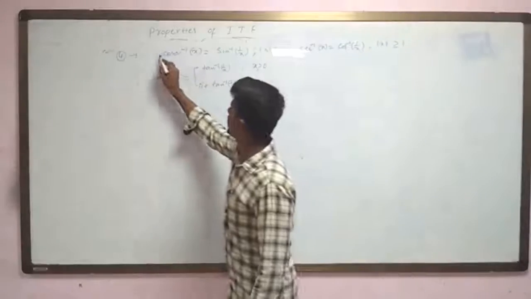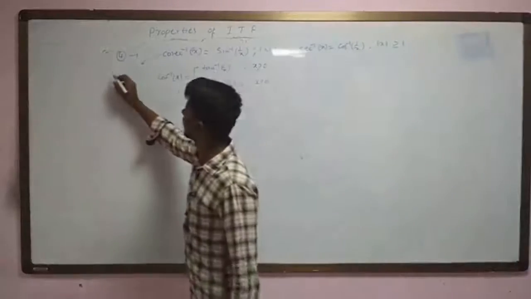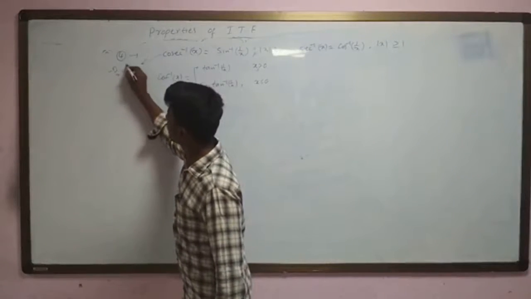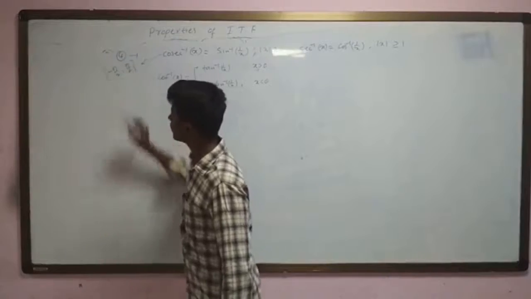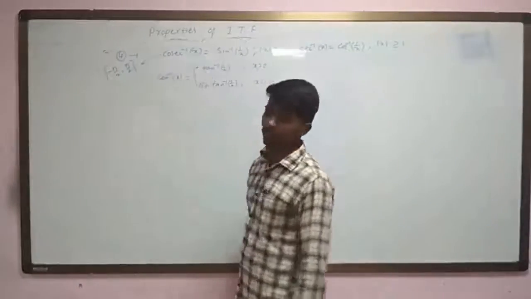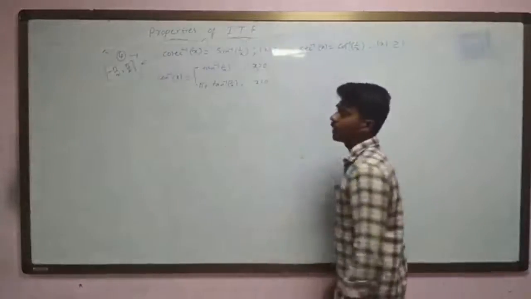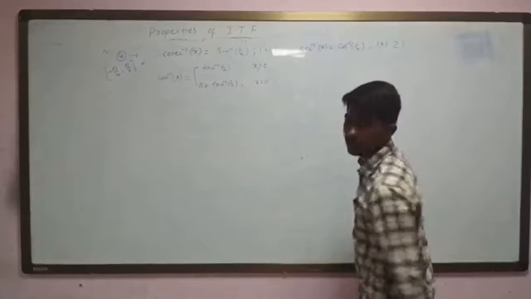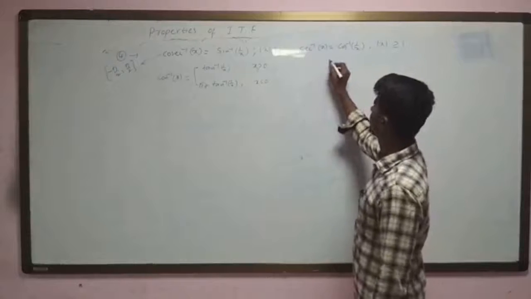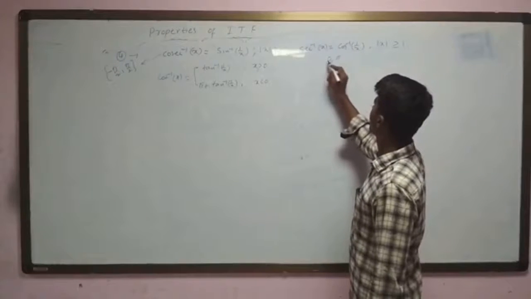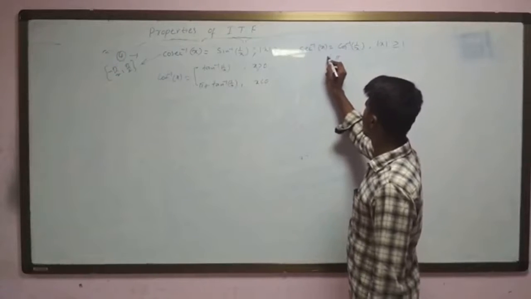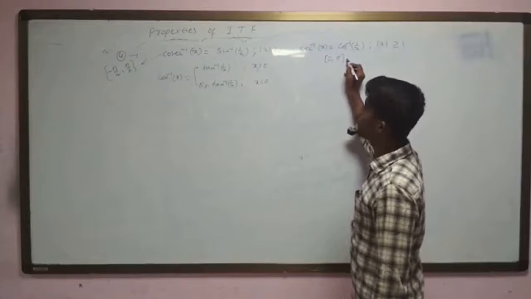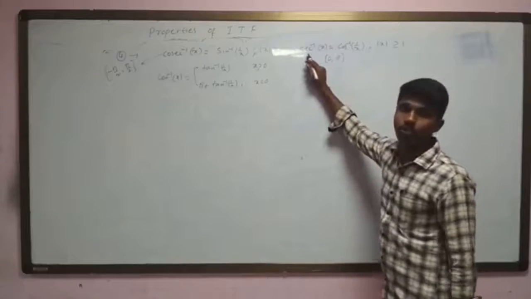See, cosecant inverse and sin inverse are defined in minus pi by 2 to pi by 2, whereas for cosecant inverse we don't have 0, so that one particular value is excluded in this interval. And secant inverse is defined between 0 and pi, whereas pi by 2 is excluded for secant inverse.